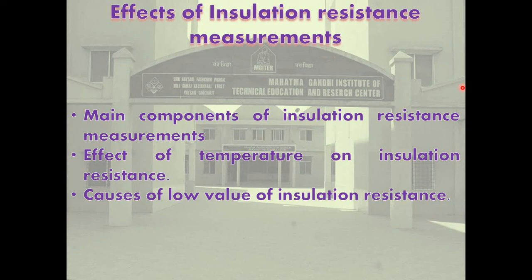Now, the third one is the causes of low value of insulation resistance, and how insulation resistance should be brought to the required level. The reason for low insulation resistance of electrical equipment, first, is dust and dirt sticking on the surface of the insulation.